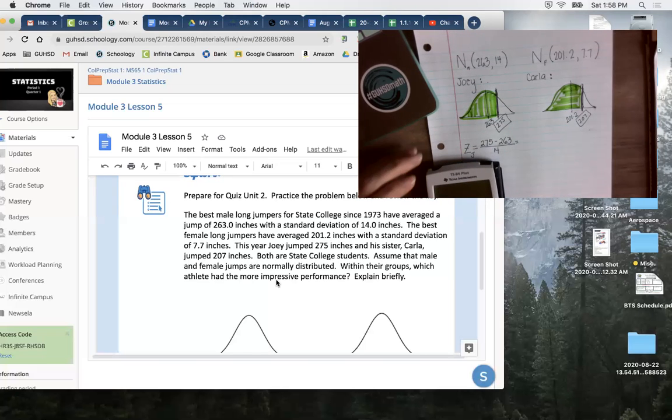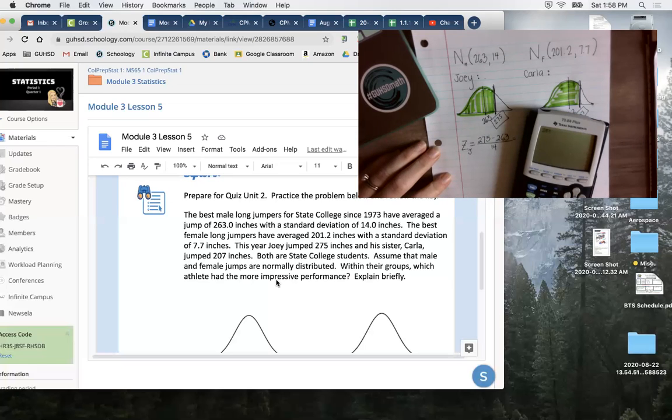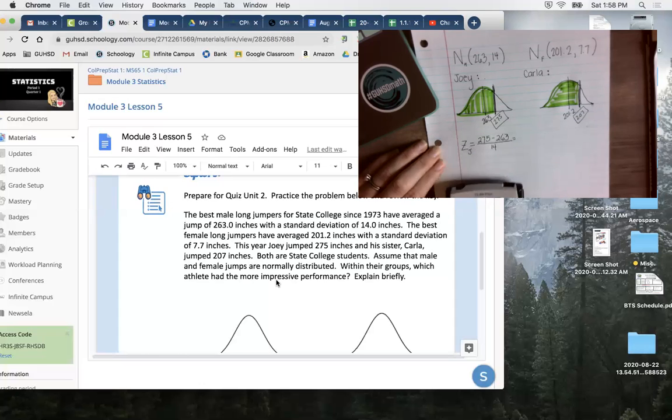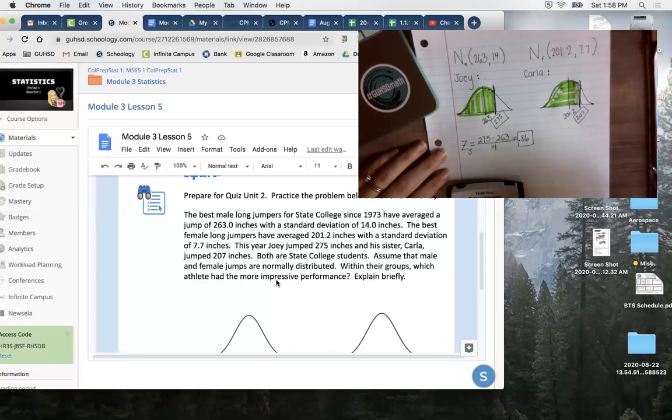This is going to tell me how many standard deviations away Joey is from the mean. So 275 minus 263 is going to give us 12 divided by 14. We get 0.86 standard deviations away when I round it. Approximately 0.86 standard deviations away means not quite a full standard deviation away.